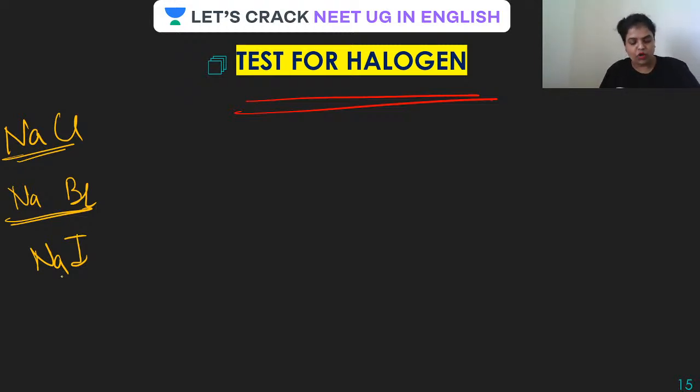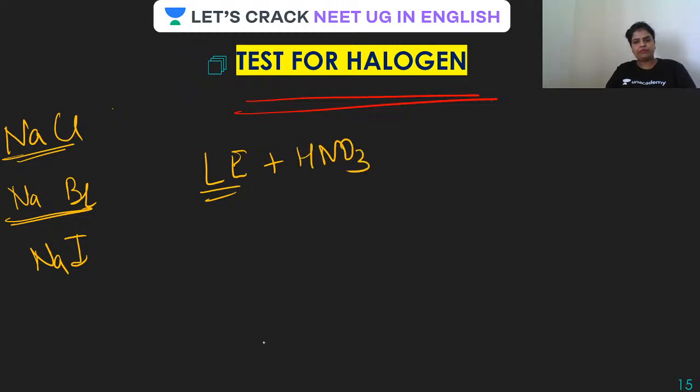Done. What is done here, guys? See, the Lassaigne's extract is first of all added with HNO3 in order to ensure that any sulfur that is there gets oxidized, so that it should not disturb here. After that, suppose we have taken the test tube.